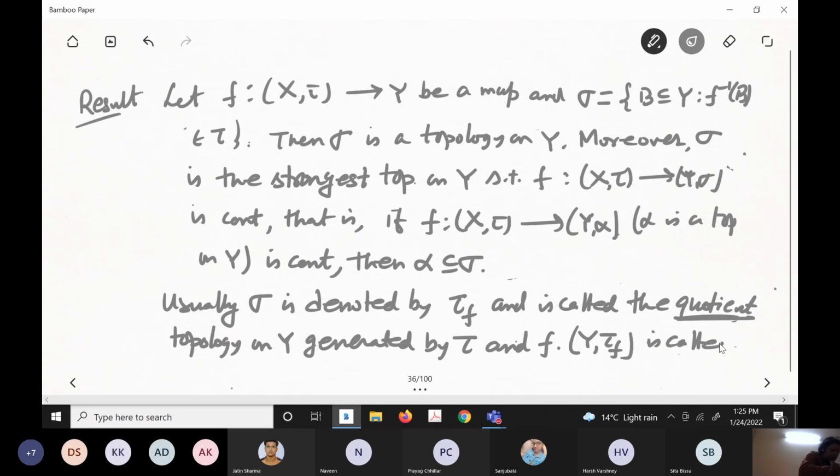I am saying this because if you change f, you will probably get another quotient space. But with respect to τ and f, if they are fixed, then it's called the quotient space of X.